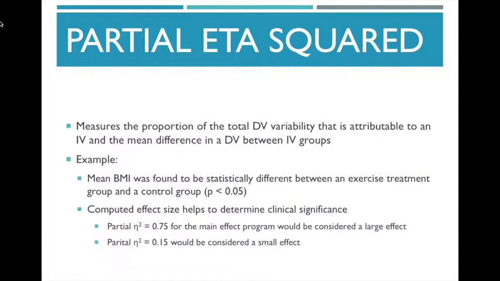A partial eta squared of 0.15 would be considered a small effect, or a small average difference. But the question is, is the difference clinically meaningful? So is it clinically meaningful to require patients to participate in the exercise treatment or not?